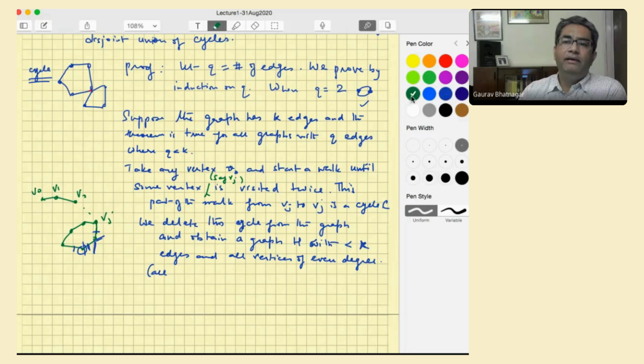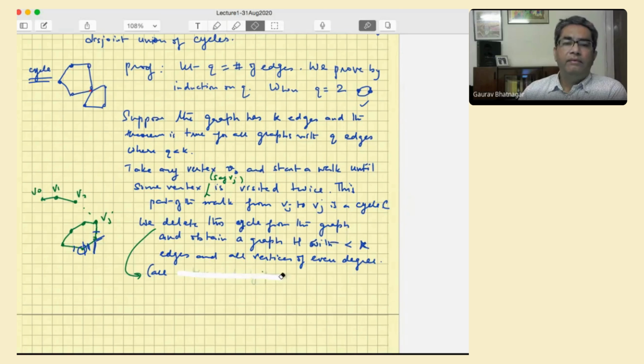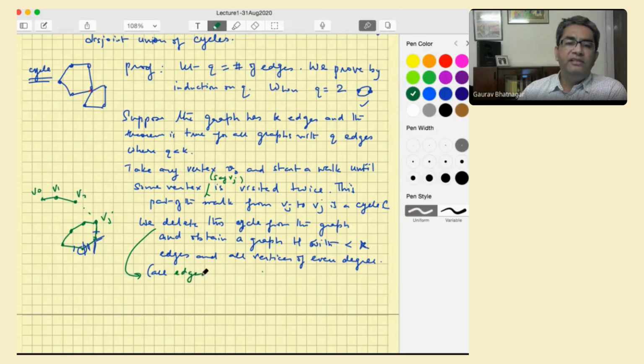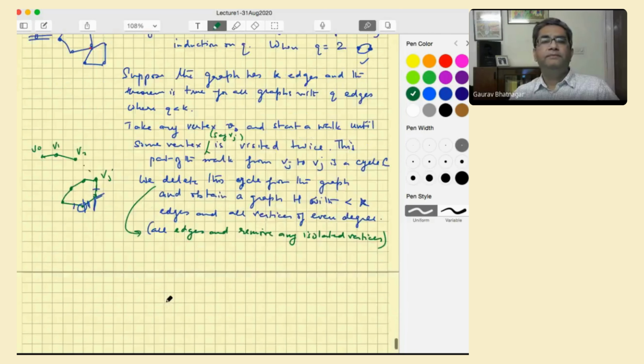Let me put it this way: delete all these edges and then remove any isolated vertices. This is what it means.